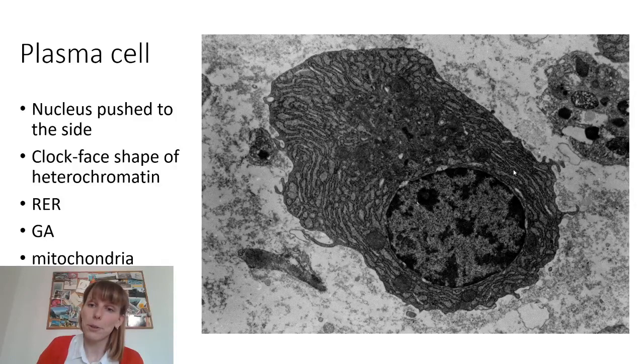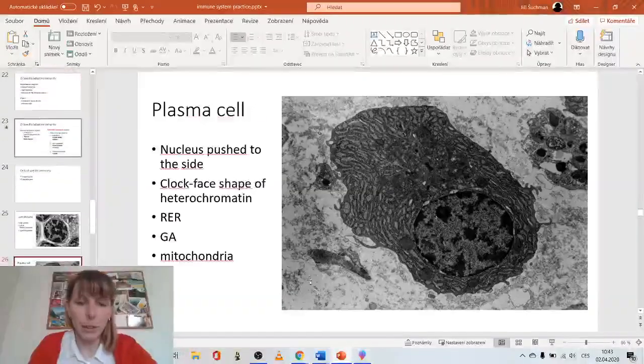So that's what's happening here. That's why the nucleus is pushed to one side. You also have Golgi apparatus, of course, which will be somewhere in this part, this more messy part, and you can see mitochondria because you also need a lot of energy for all this transcribing and translating. So plasma cell is also quite easy to recognize, I would say.